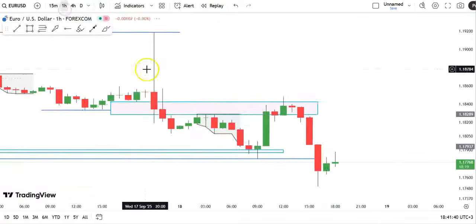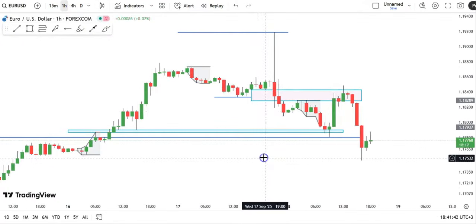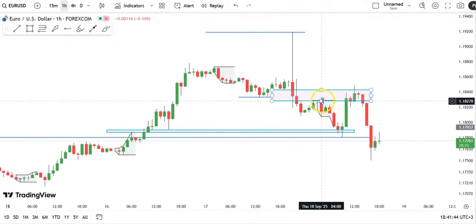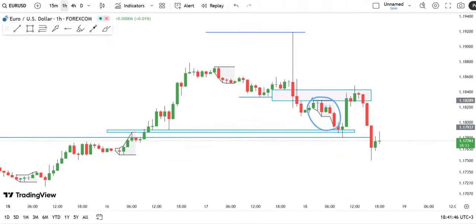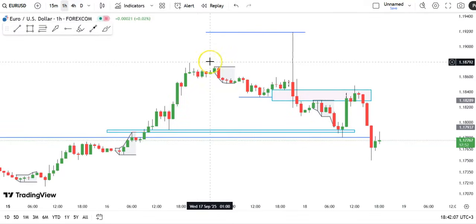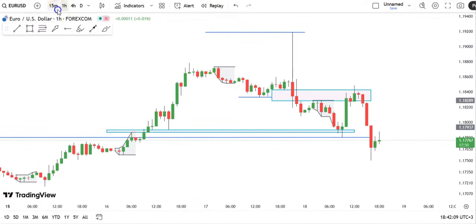At the same time, if you go to the 1-hourly time frame, you can see that down there we had this Asian session range, in combination with some previous swing lows, the 4-hourly imbalance, and the daily level we mentioned before. We were looking for a possible sweep of liquidity to start looking for possible bounces to the upside. And this can only be done, of course, using the lower time frames.